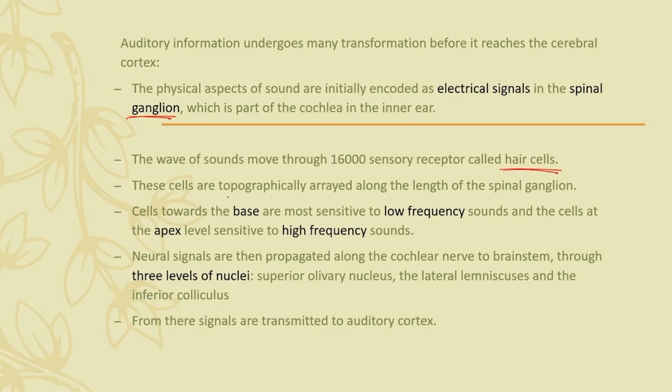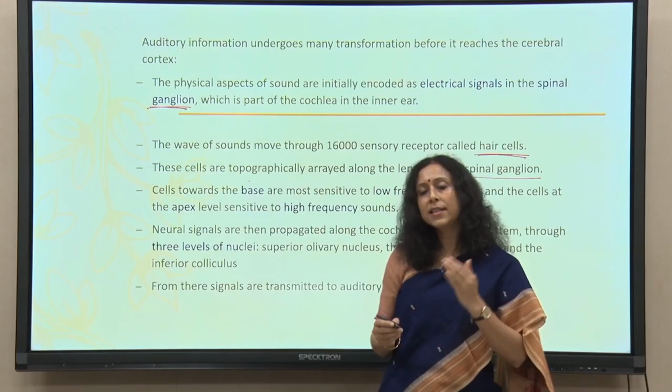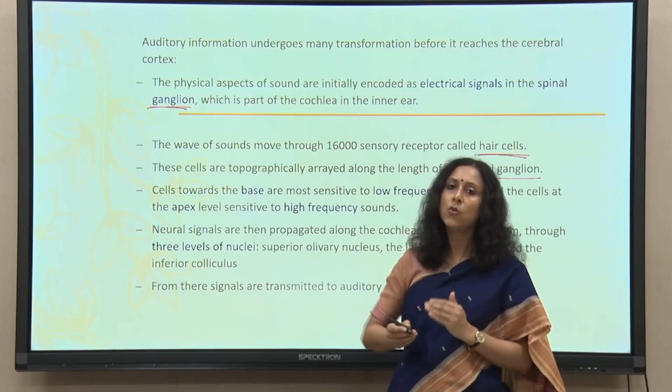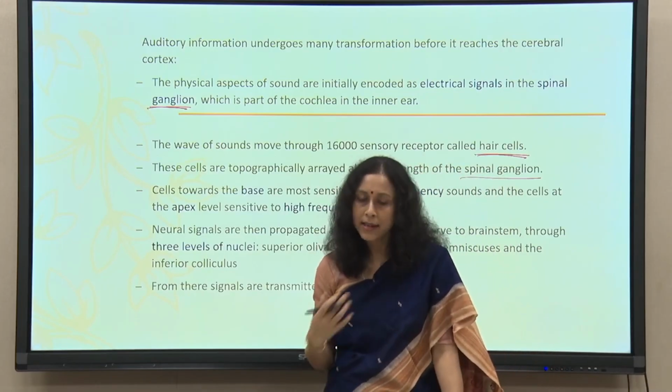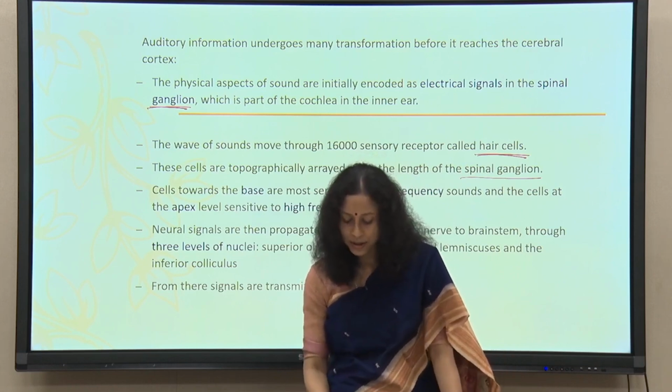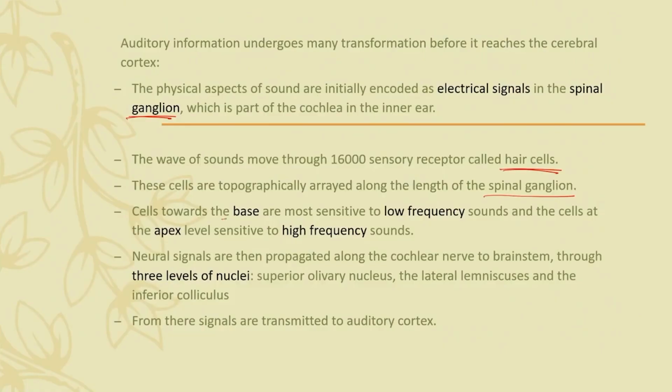These cells are topographically arrayed along the length of the spinal ganglion. There is a very fine and nuanced arrangement of those cells as they carry the information to the cortical regions. The cells towards the base are sensitive to low frequency and the cells at the apex, the top level, are sensitive to high frequency sounds.